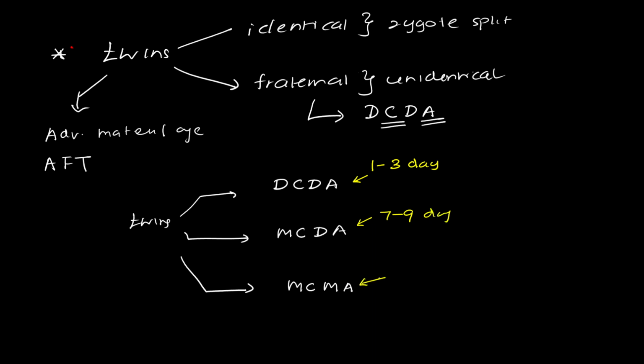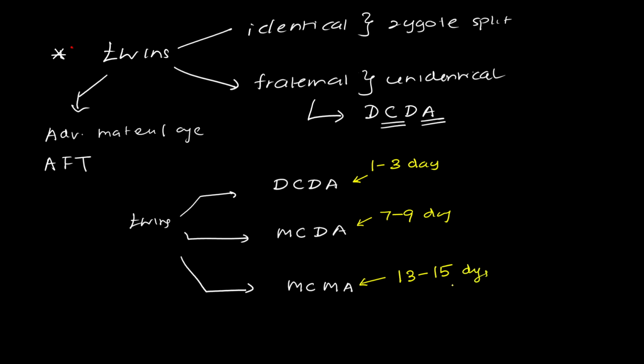The third type is monochorionic monoamniotic, where there is only 1 placenta and both of them share a single amniotic cavity, occupying the same space. So this happens when it splits in the third week, such as within 13 to 15 days.